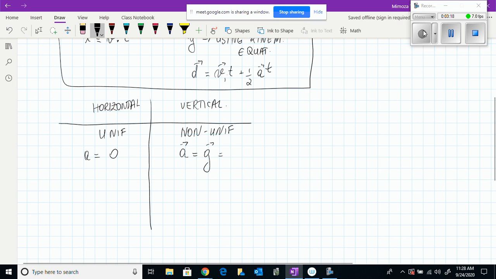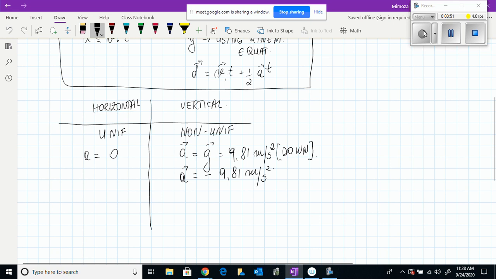And since we are assuming that in most cases the object is thrown near the surface of the Earth, the acceleration due to gravity will be 9.81 meters per second squared going down, which in terms of positive and negative, since it is going down, is negative 9.81 meters per second squared.